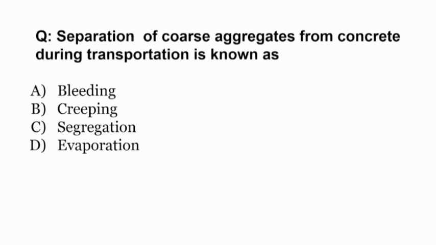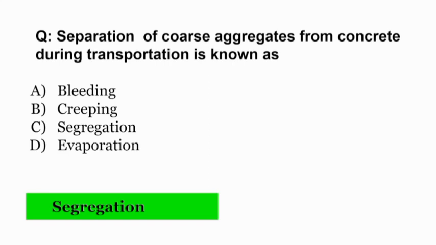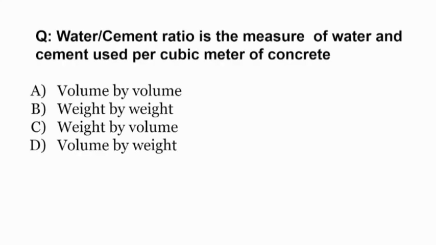Separation of coarse aggregate from concrete during transportation of concrete is known as: option A is bleeding, option B is creeping, option C is segregation, or option D is evaporation. The correct answer is option C, segregation. Water cement ratio is the measure of water and cement used for cubic meter of concrete: option A, volume by volume, option B, weight by weight, option C, weight by volume, or option D, volume by weight.